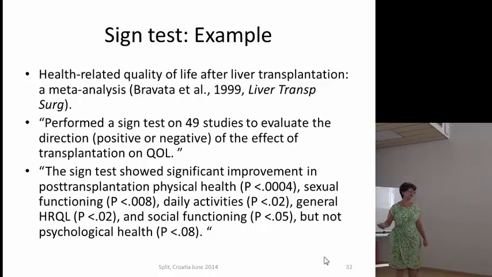Since they did the test on the same 49 studies for all of the outcomes, this is one case where you probably could conclude that the p-value was a good stand-in for the size of the effect, because it was all based on the same information. So the only thing that would really be different would be the effect size.